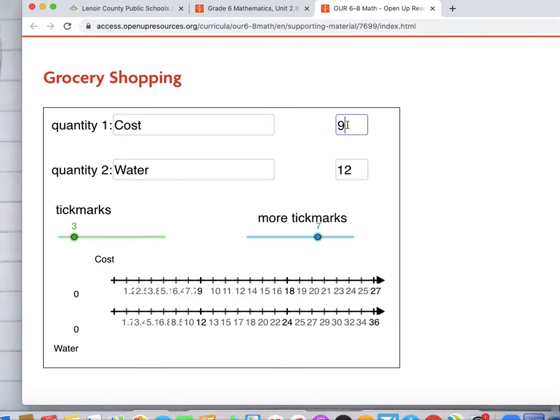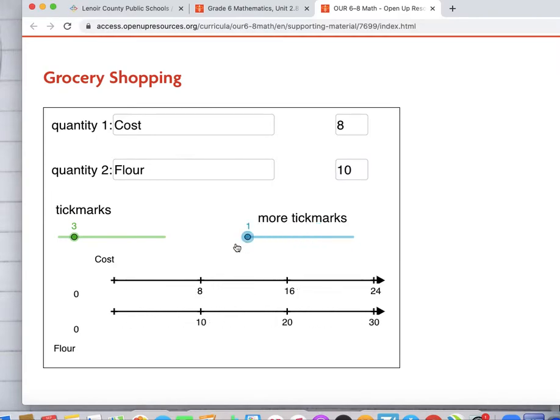$8 is the cost this time. And this is for flour, 10 pounds. Okay. And I'm going to take it all the way back.